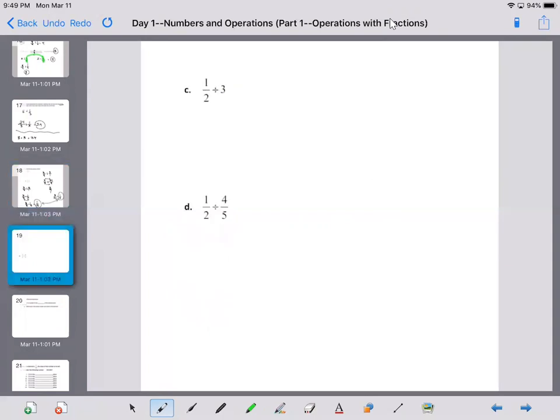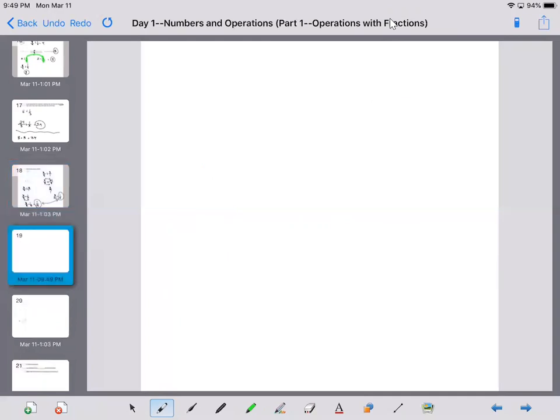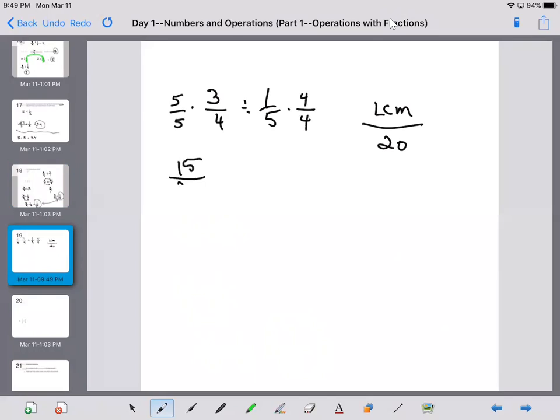And then the next one, 3/4 divided by 1/5. In this case, I don't have a whole number, so I am thinking about what would be my lowest common multiple if I want to choose that method, and that would be 20ths. So this would be 5 divided by 5, 4 divided by 4, so this would be 15/20 divided by 4/20.